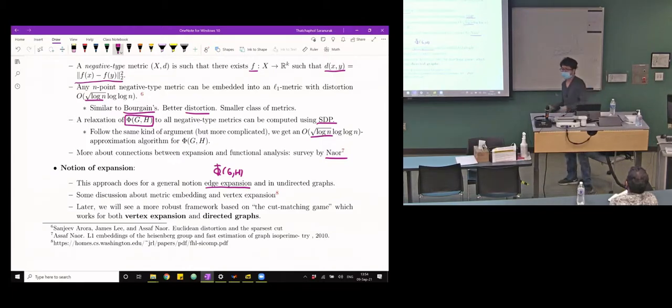And it's not clear how to use this metric embedding approach to solve a vertex expansion problem or a directed graph.